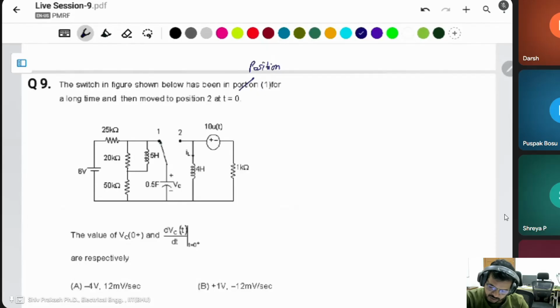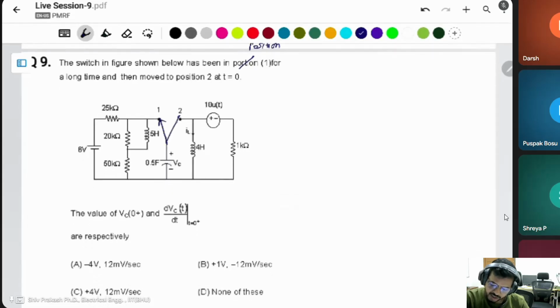Then we have this circuit at t less than 0, and this circuit is connected like that when t is equal to 0. Then it is asking about the value of Vc0 and dVc by dt at t is equal to 0: the initial capacitor voltage and the rate of change of initial capacitor voltage.